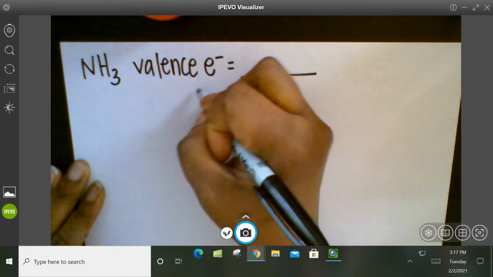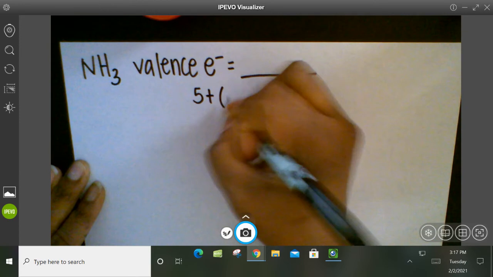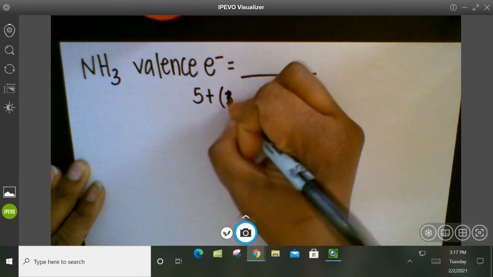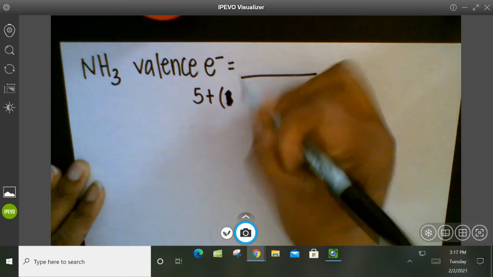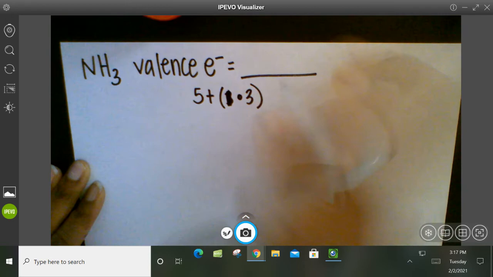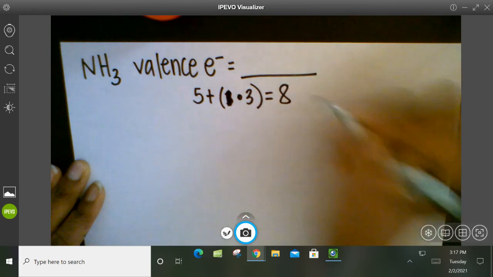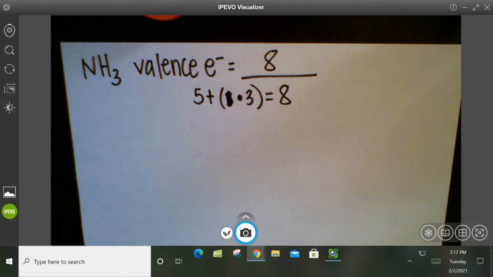So that's going to be 5 plus hydrogen, 1 valence electron, and there's 3 of them, so that's multiplied by 3. So 5 plus 3 equals 8. Once again, I'm dealing with 8 valence electrons.